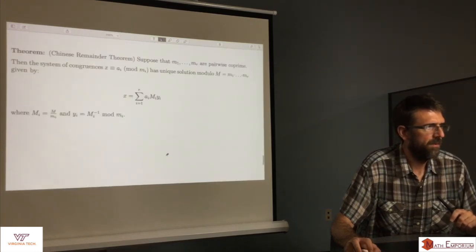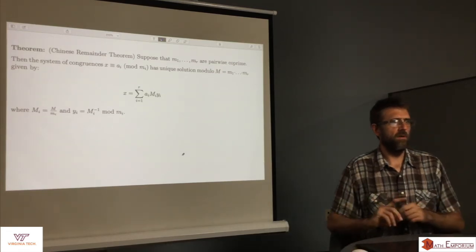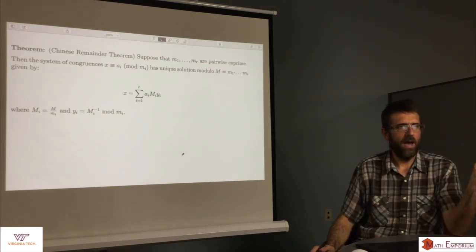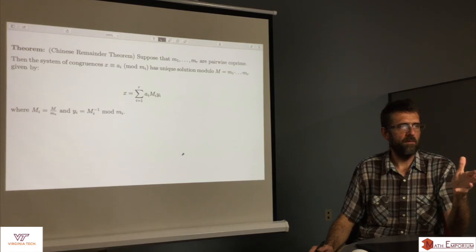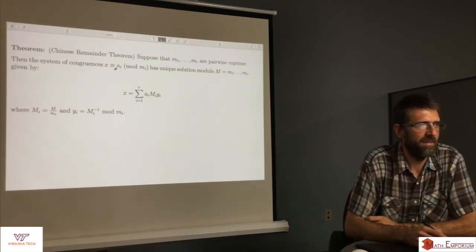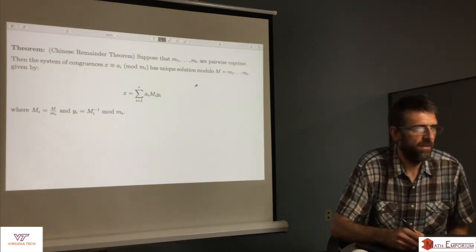All right, so we've got a theorem here. Suppose we've got a bunch of pairwise coprime moduli, little m1 through mr, and we've got a system of congruences: x is congruent to a sub i mod m sub i for each i.